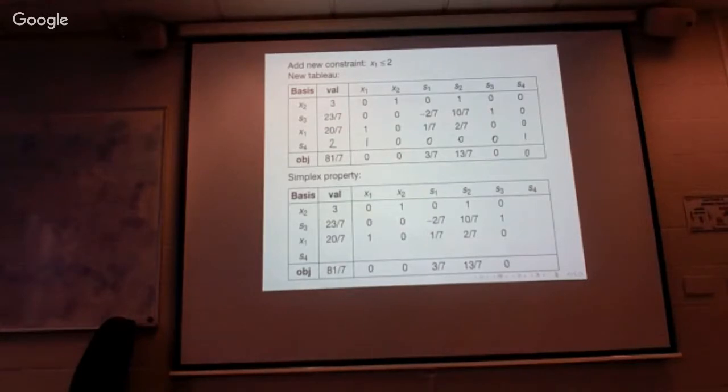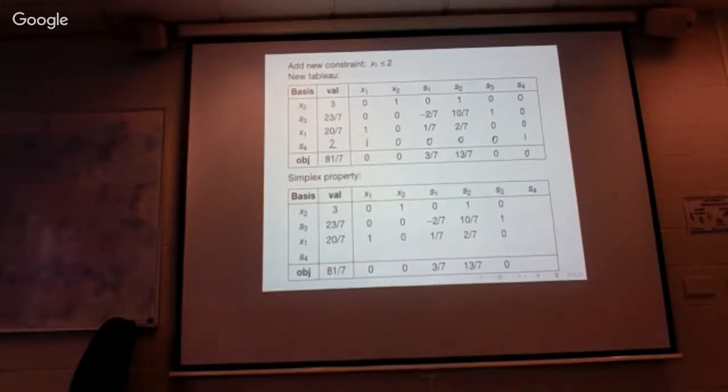Is that what you expected? Except this is not a simplex tableau, so this is a new non-tableau, because it only becomes a tableau when you do the row reduction.